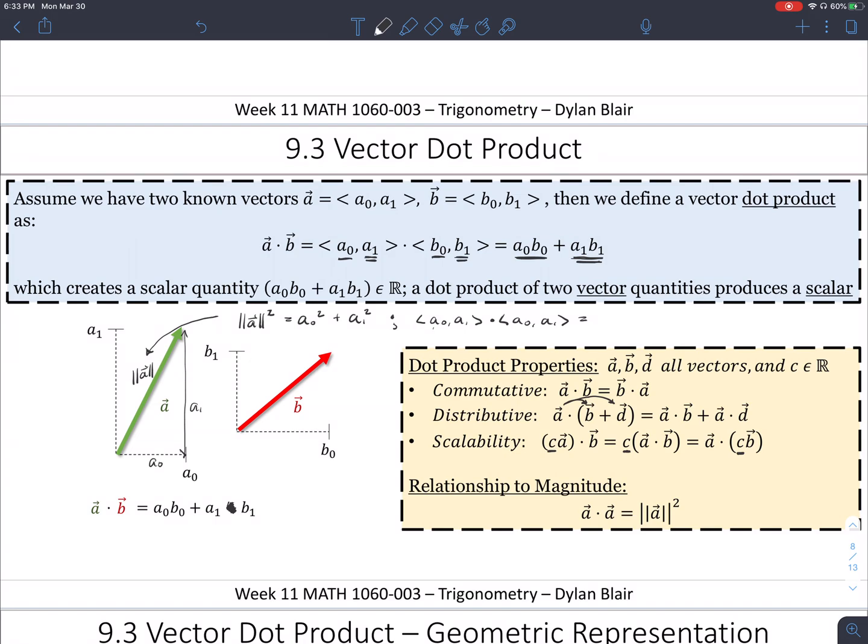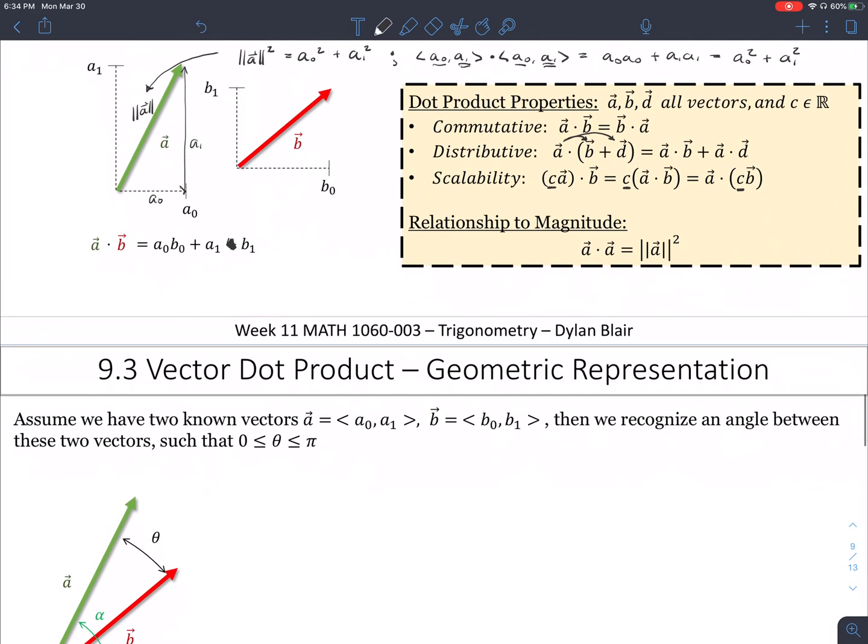So we're going to take A0 times A0 plus A1 times A1. Well, A0 times A0 is A0 squared, and A1 times A1 is A1 squared. So we can say that this result is equivalent to this result. So we can say that A dot A is equal to this magnitude squared, since they're both equal to the exact same result. Okay.